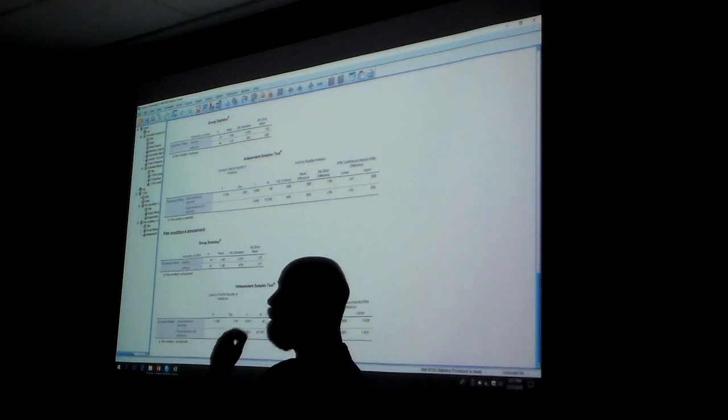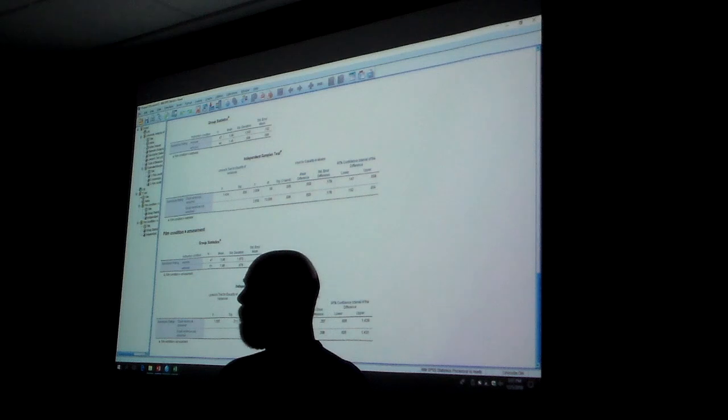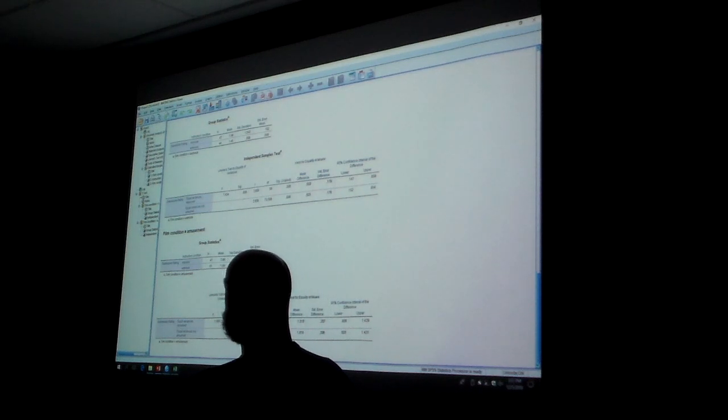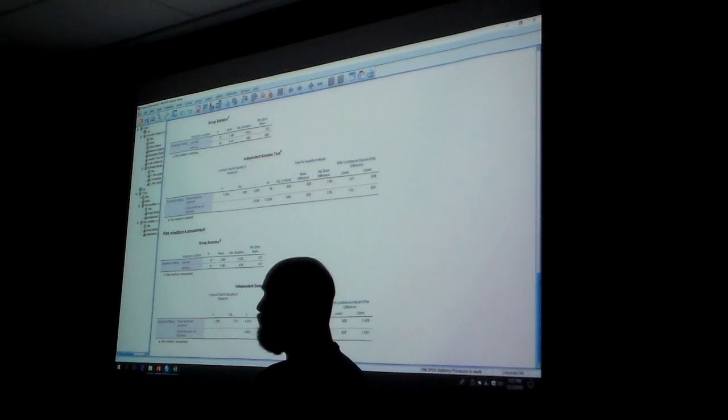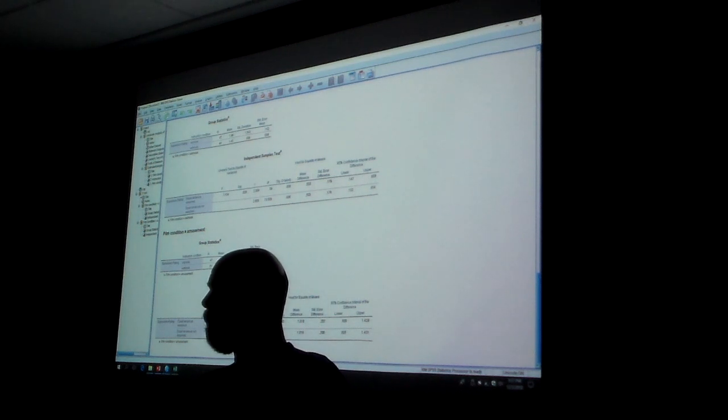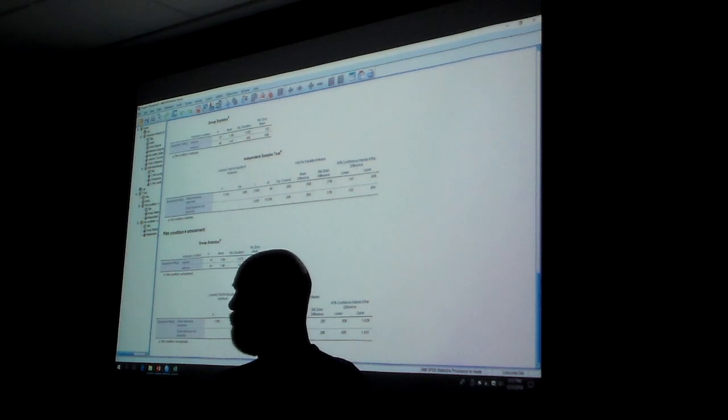What am I looking at to determine whether or not I'm assuming equal variances here? The homogeneity. Yeah, my Levene's test. My Levene's test of equality of variances. And is this statistically significant? What does that mean? That means that the difference isn't zero, right?